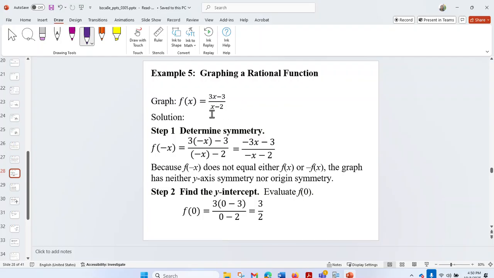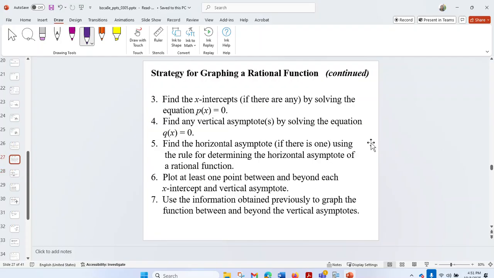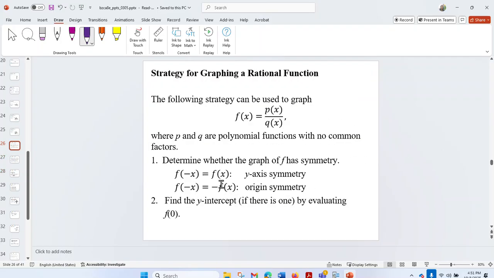First, we can define the x-intercept, all right? You can determine the symmetry in here, but you don't really have to in this case. The symmetry is even or odd function, right?